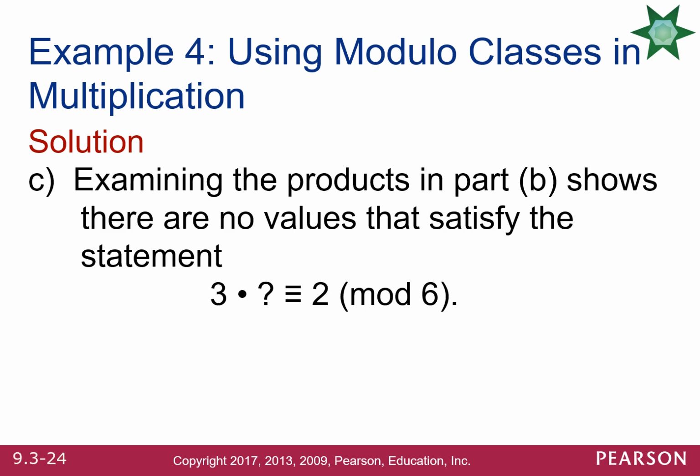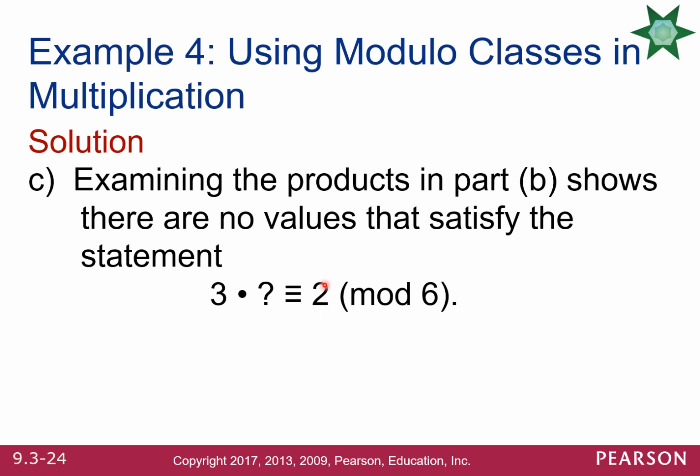Now the last part of the question was to find a value for the question mark, which when multiplied by 3 and divided by 6 would leave a remainder of 2. Again, it's the same expression as what we worked before, except that instead of a remainder of 0, now we are looking for a remainder of 2.